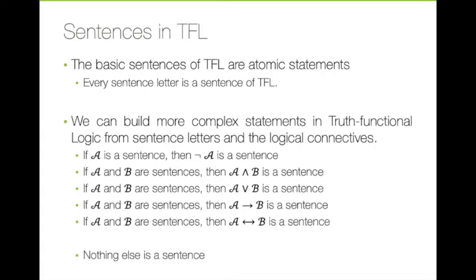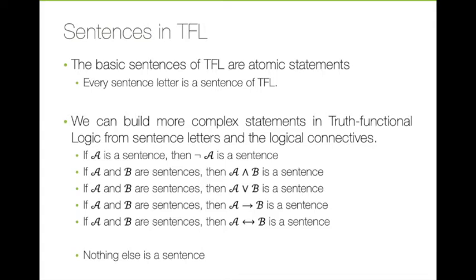Then we can build more complex statements in TFL from sentence letters and logical connectives. Notice here, though, that we're not using the sentence letters to describe the rules. We're using these curly A's and B's. And we'll talk in a minute about why they mean something a little different. But the important thing is that they can stand for any sentence of TFL.